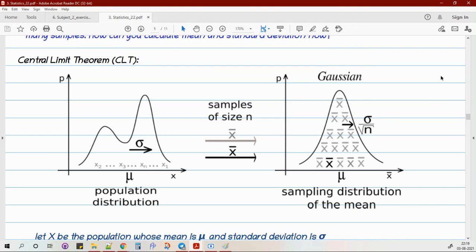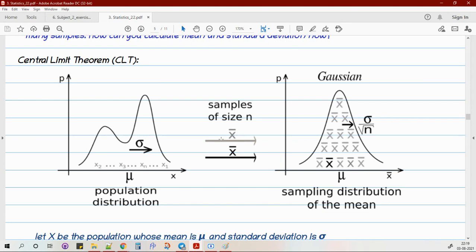So what CLT states is, given any distribution of data, I will take samples, right? The sample size can be 30, 40, 50. At least it should be 30. So I take a sample out of the population of any distribution, a sample of size n. Let's say I took 30 samples out of this population.